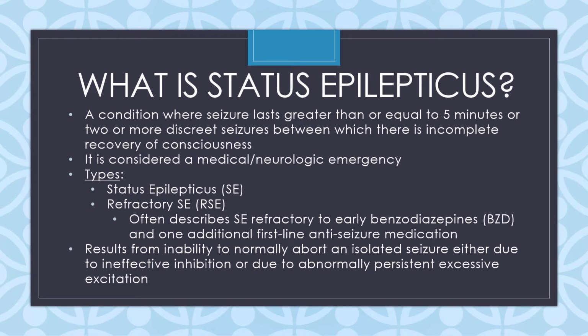So what is status epilepticus? It is a condition where a seizure can last greater than or equal to 5 minutes, or two or more discrete seizures between which there is incomplete recovery of consciousness.